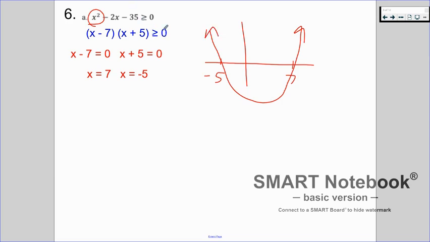And now I'm looking for when is it greater than 0. So I'm looking for all of the times when the parabola is above the x-axis. So if I just impose a number line over the top, I'm actually looking at this point and everywhere this way, and this point and everywhere that way. And that's where the parabola is above 0.